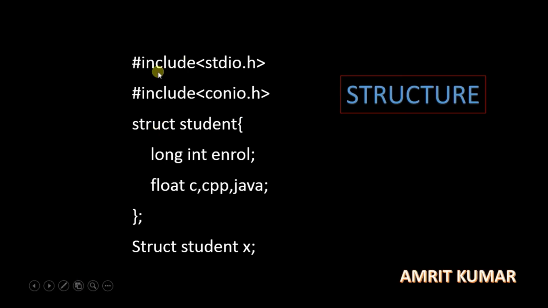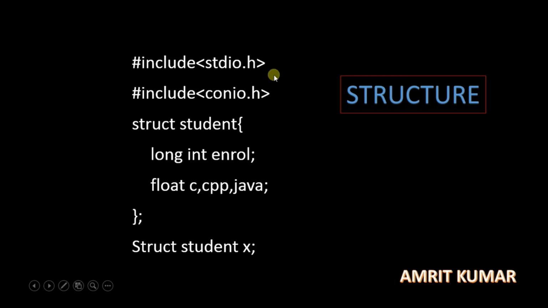What I am doing here is creating our header files, through hashtag include stdio.h and hashtag include conio.h. Hashtag include stdio means I am including the stdio file in the program, and conio means I am including the conio file. Stdio stands for standard input output header file, and conio stands for console input output header file.